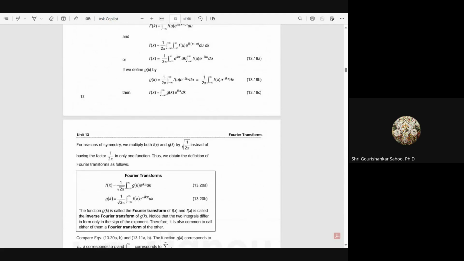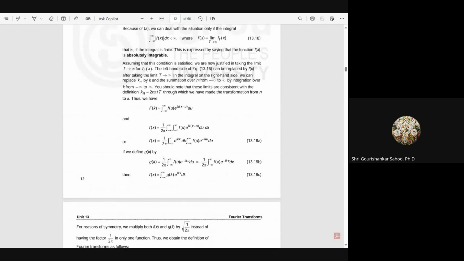So, assuming that this condition is satisfied, we can justify taking the limit T tends to infinity for f_T(x). So the left hand side can be replaced by f(x), and by taking the limit T tends to infinity, in the integral on the right hand side we can replace k_n by k and the summation over n from minus infinity to infinity by integration over k from minus infinity to infinity.